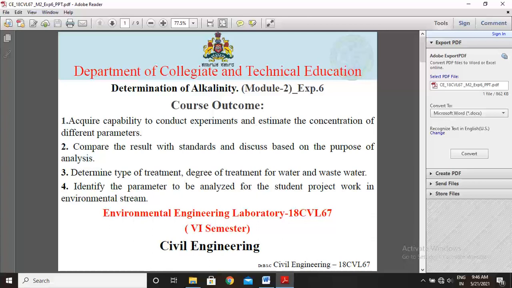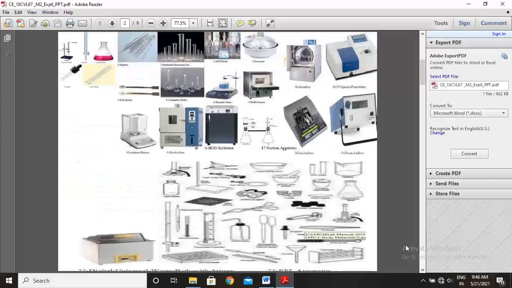The title of the laboratory is Environmental Engineering Laboratory and the subject code is 18CVL67. This comes in the 6th semester of civil engineering departments. These are the apparatus used to conduct environmental engineering experiments.